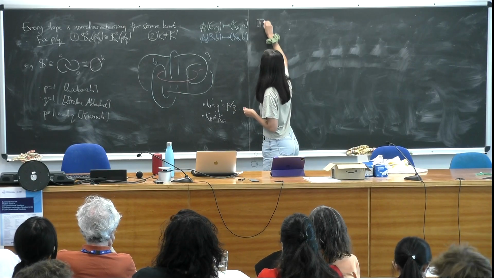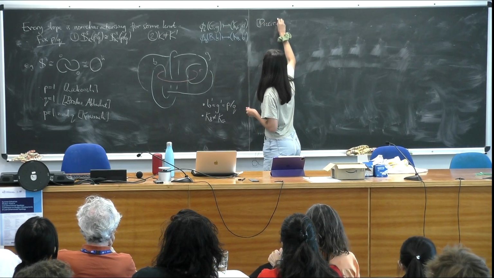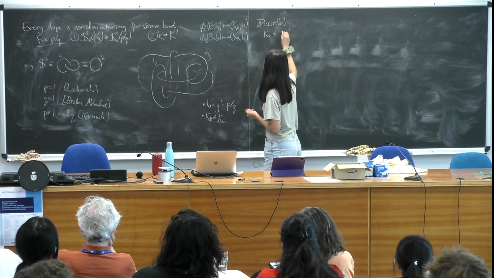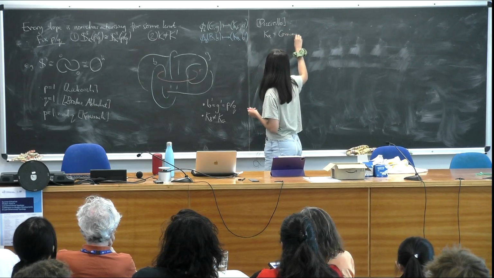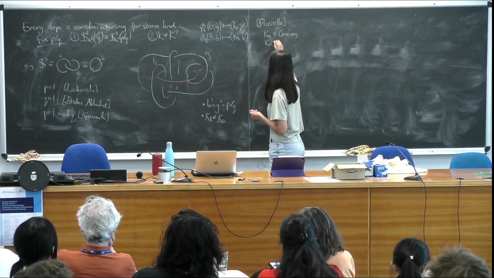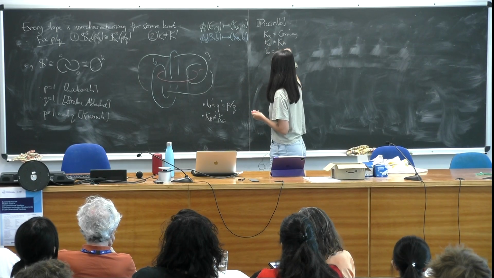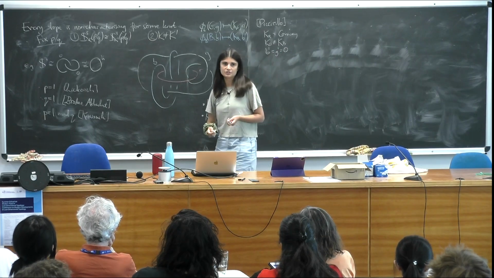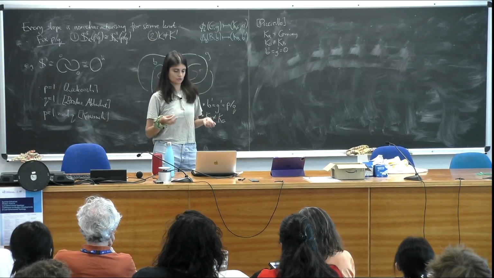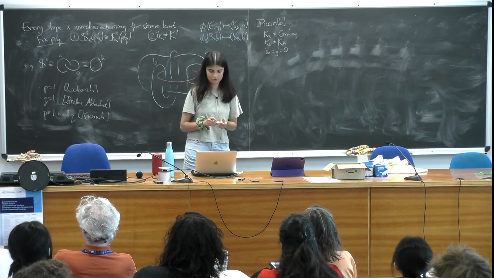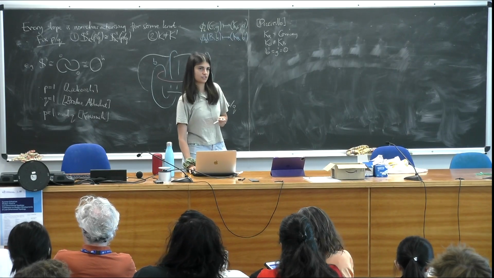So she chose, or by construction, KB was the Conway knot, KG was some other knot, and B prime equals G prime equals 0. So they shared a 0 surgery. So what we want to do is like use the same sort of strategy, but instead of for integers, we want to do it for the rationals. Any questions so far?